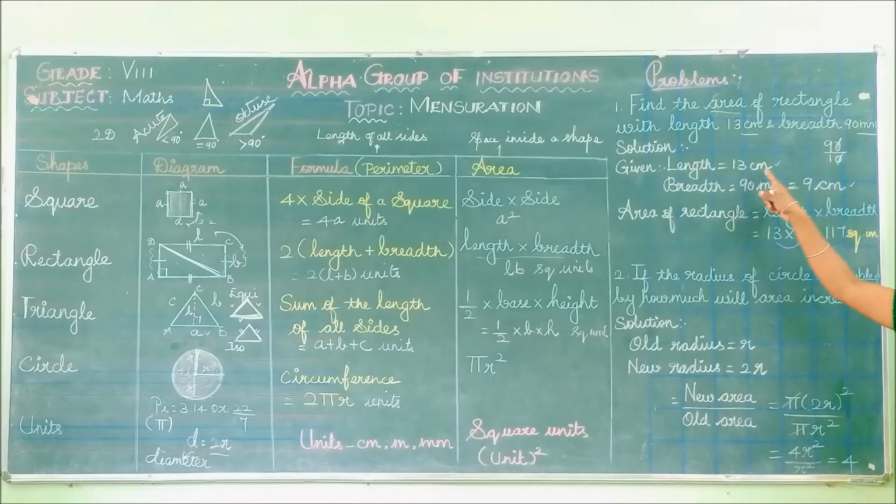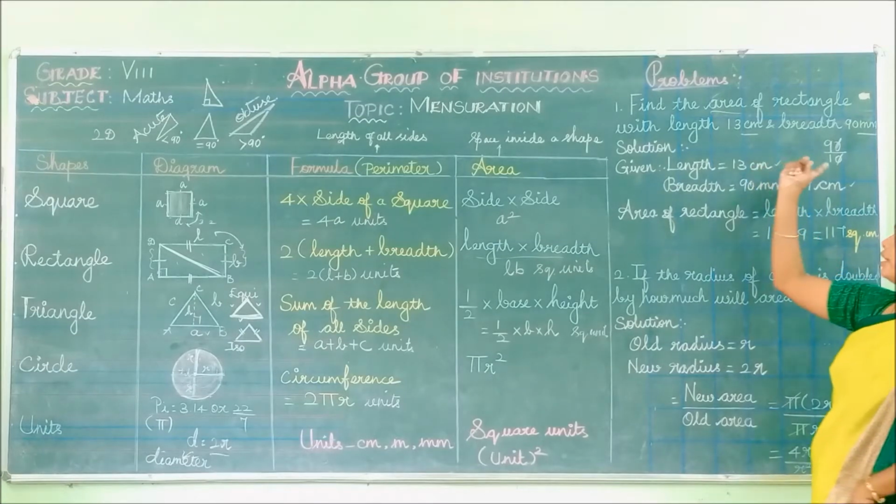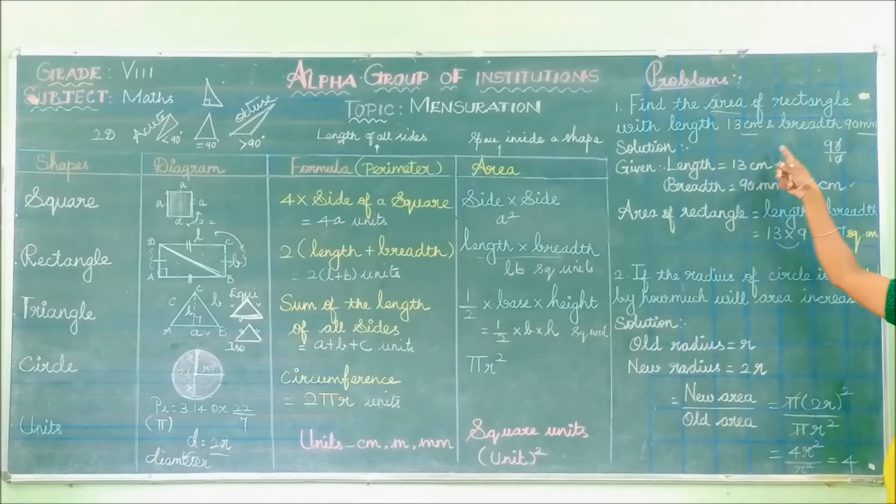The two values have different units, so you have to convert into a single unit. Either you convert this value into millimeter or this value into centimeter. In this problem I am changing both into centimeter. Here one is already centimeter, and this value is in millimeter.